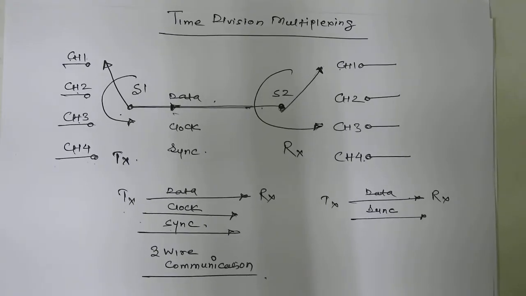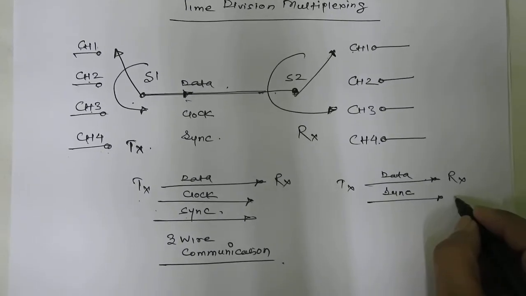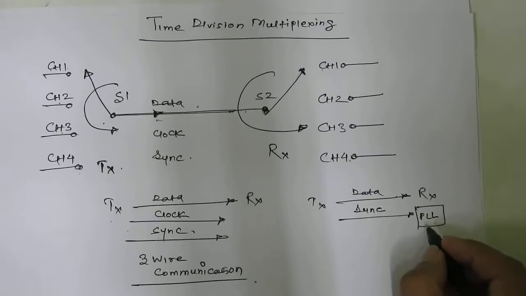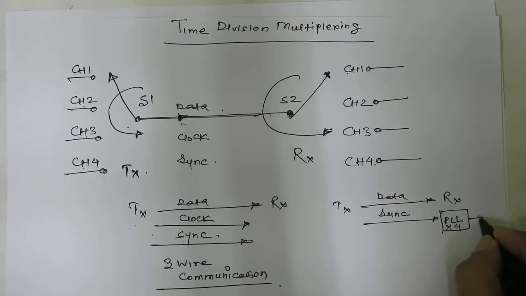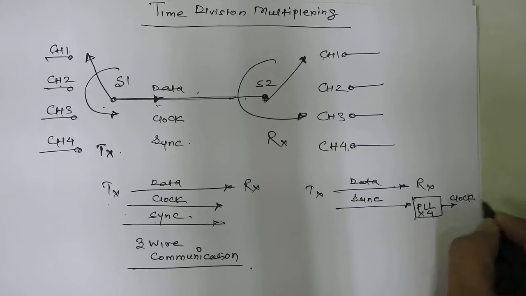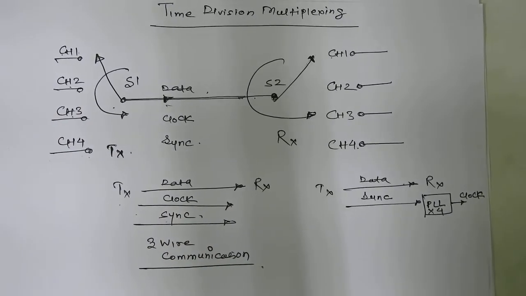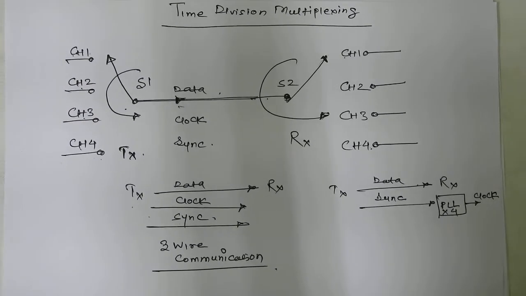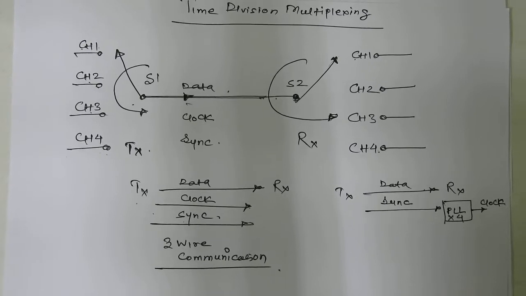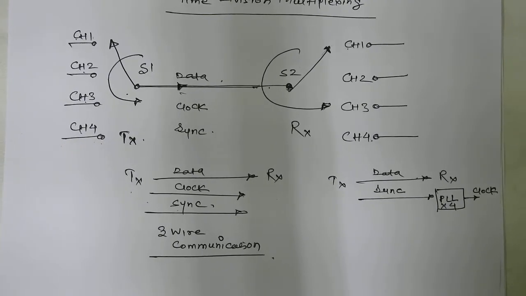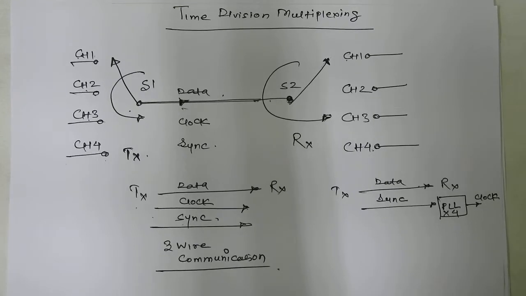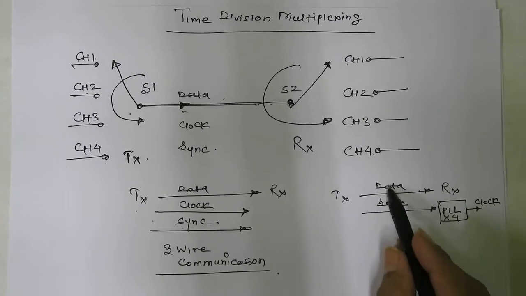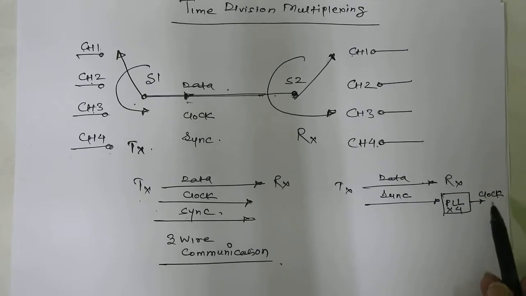Then with the help of a PLL, we add one PLL block at the receiver which multiplies the sync frequency by 4 and derives the clock, because there are 4 channels, so the clock frequency is 4 times the synchronization frequency. So we multiply it by 4 and derive the clock at the receiver. Now the communication between transmitter and receiver is done with the help of 2 wires, 2 signals, that is data and sync, and the clock is derived at the receiver.